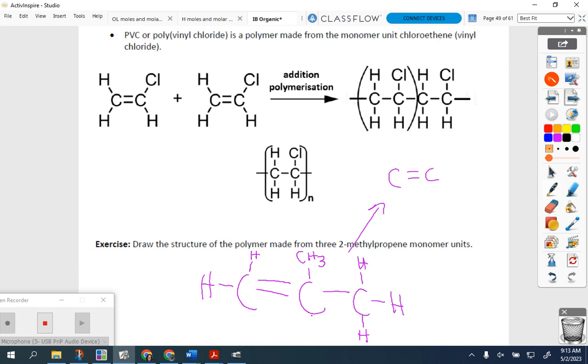So we're going to have this hydrogen, and then this carbon is going to have basically 2 methyl groups. Each of these is going to have a trigonal planar structure. Looking at it this way might make it a little bit easier to draw the polymer. Okay. So go ahead and draw a polymer with 3 units of this substance.